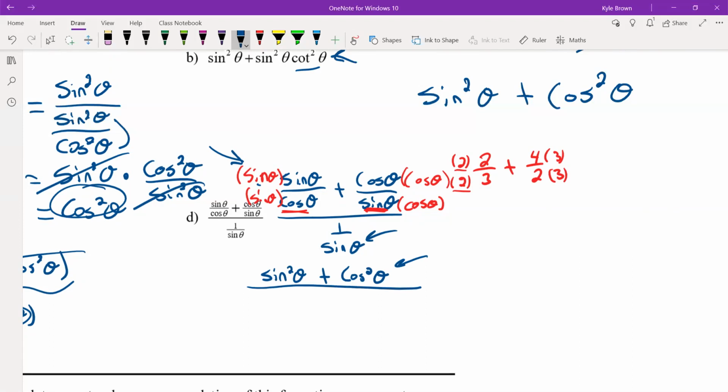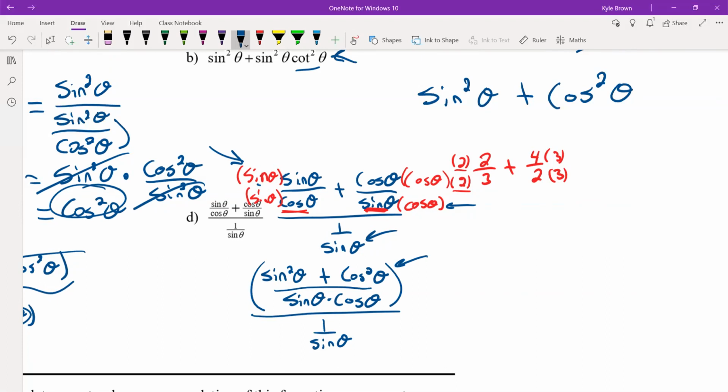Over. And then remember, this is this part here. I'm putting it over a common denominator. So our common denominator, we said, was sine theta times cos theta. And then that is still all over 1 over sine theta. Now, sometimes it's helpful to do this, to keep those things separate so you can keep track of what you're doing.